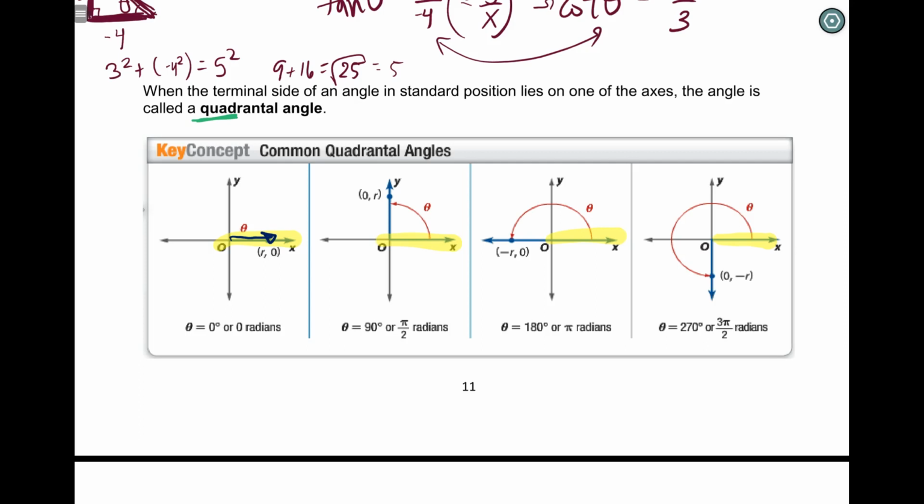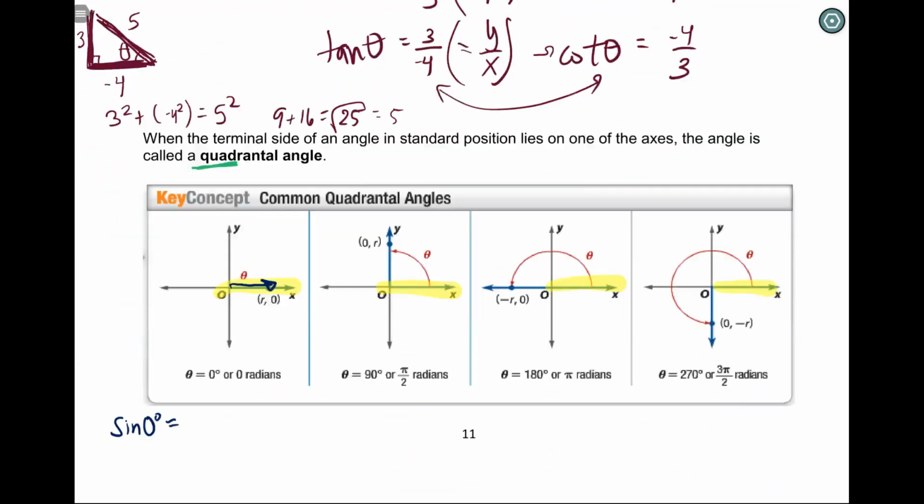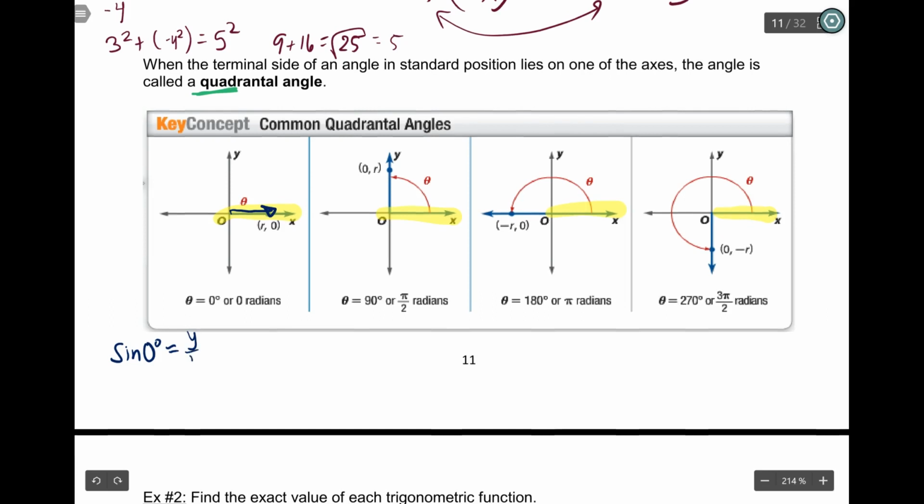So here we see sine of 0 degrees. Sine is going to be equal to y over r. Here, there's no y value, right? Because remember, x comma y is how you write a point. So if our x comma y, the second value is 0, that means it's going to be 0 over r, so 0 degrees, so 0.